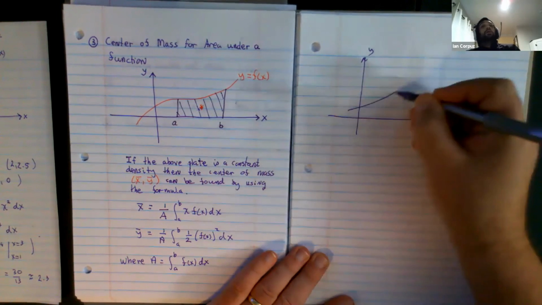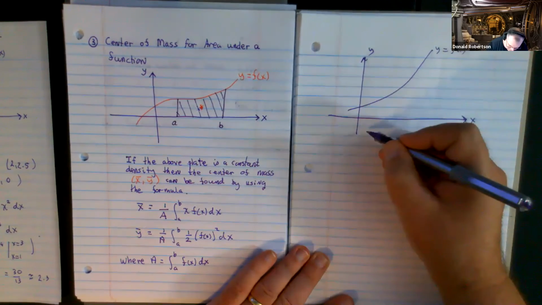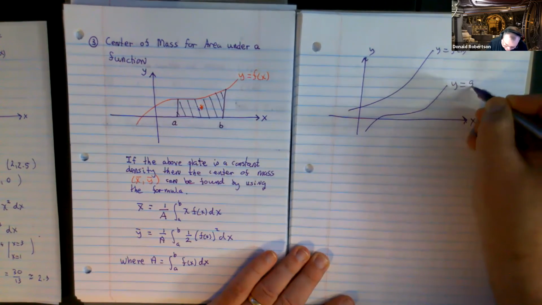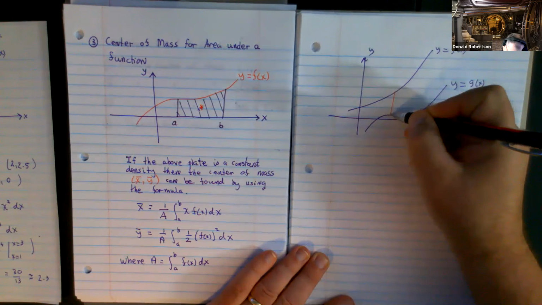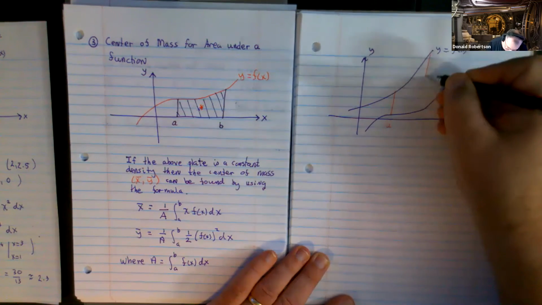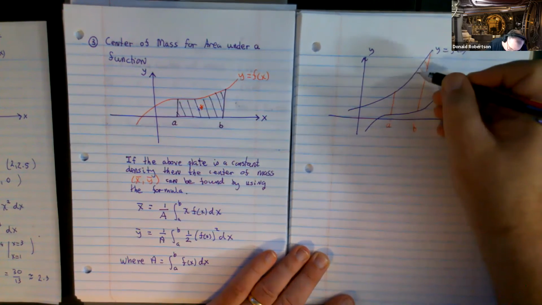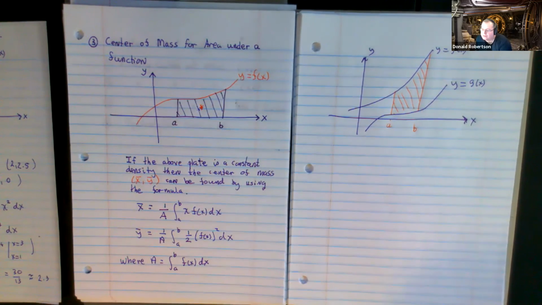Suppose I have a function called y equals f of x, and we've got another function called y equals g of x. And at this point here, that's A, and at this point here, that's B. And the shape that we're trying to find the center of mass of now is the area between two curves.